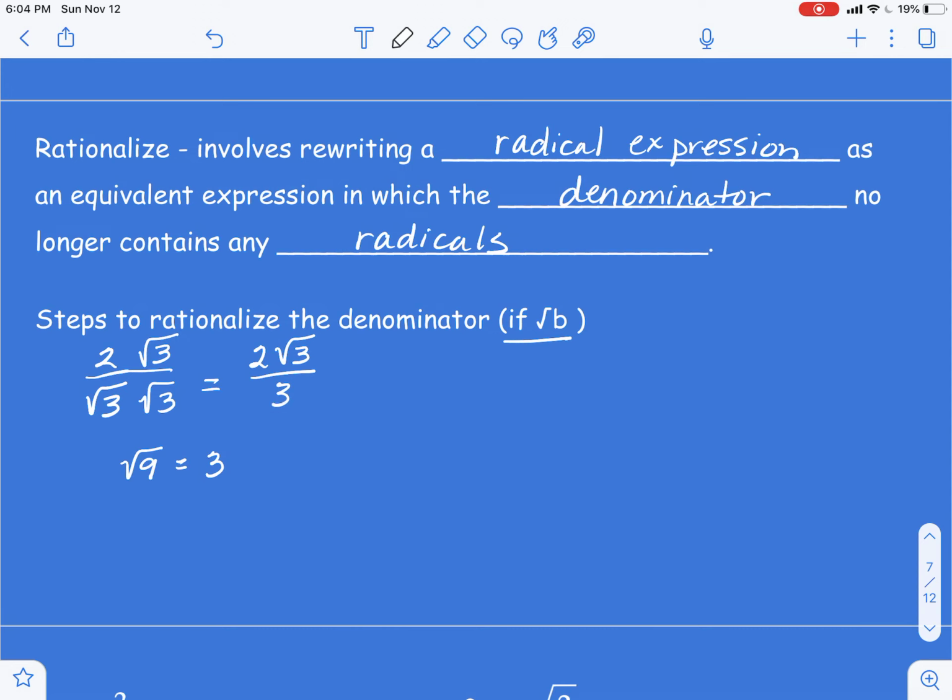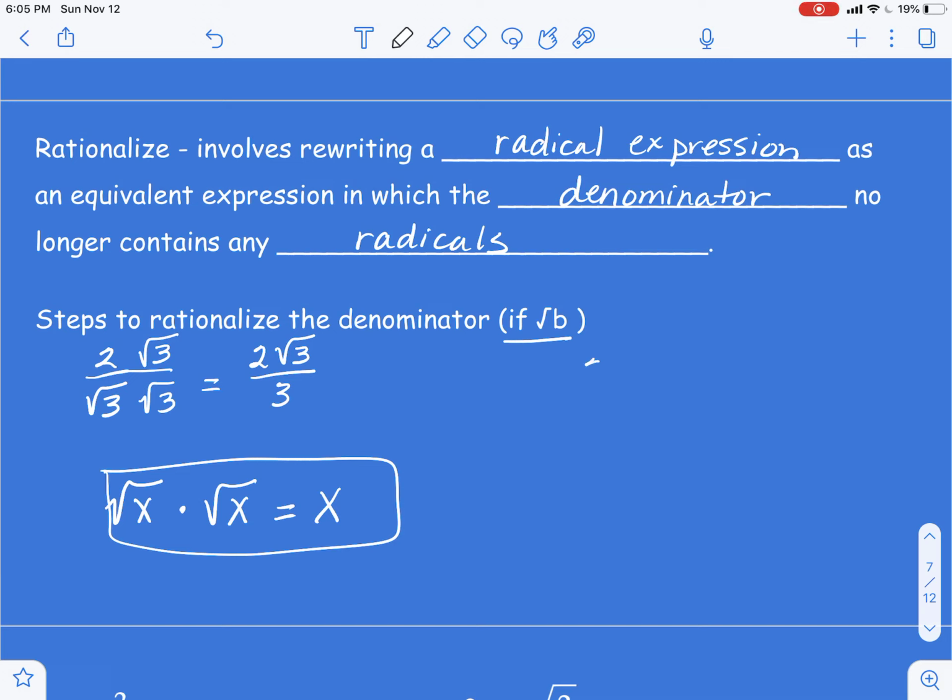Okay? So in fact, guys, here's a rule to put in your notes. If I take the square root of any number times itself, it will always give me that number. Always. Okay? So put that in your notes somewhere. You want to have that. Okay? Here's another example.